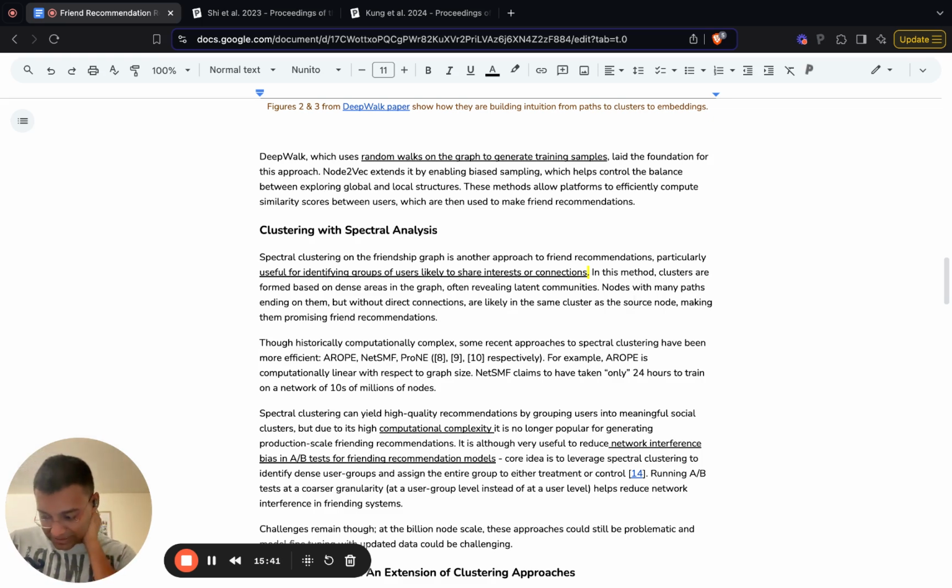Now, the problem with clustering is it's computationally complex, especially at multiple billion accounts, the number of users in your social graph. It could take a lot of time.